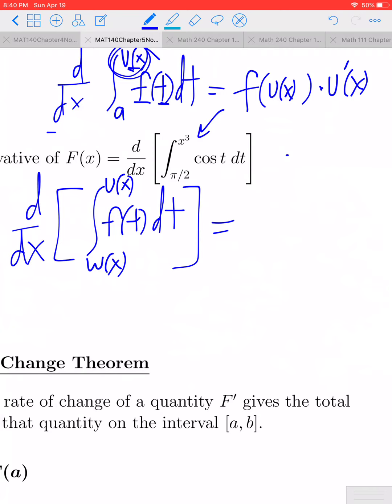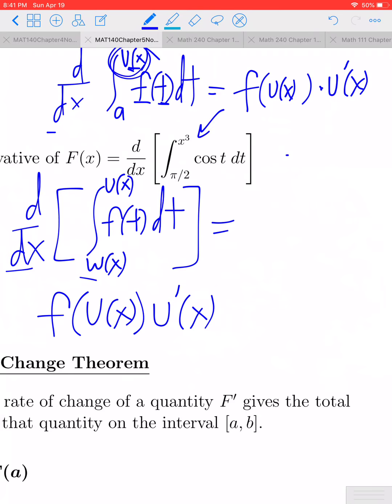Because we're doing the derivative of a definite integral, we're going to end up getting the original integrand, which is f, evaluated at the upper limit of integration. From the chain rule, I would need to multiply that by the derivative of that upper limit of integration, which would be u prime of x, minus, again, thinking along the lines of the first fundamental theorem of calculus, the original integrand evaluated at the lower limit of integration, and again from the chain rule, then times the derivative of that lower limit of integration.